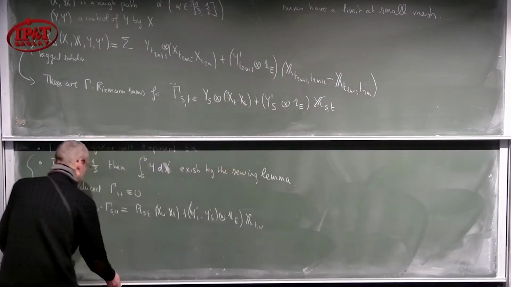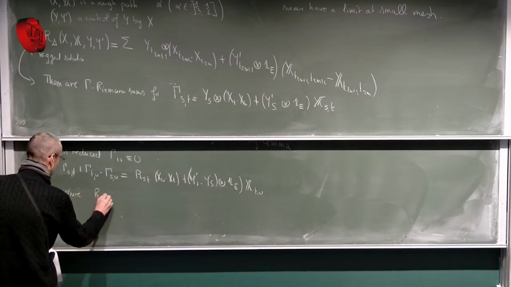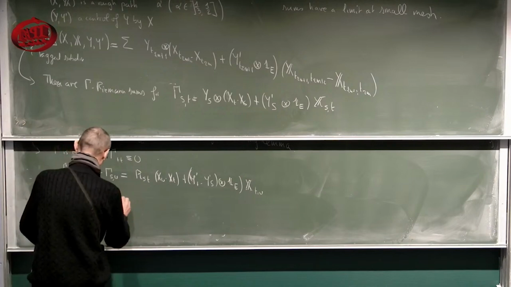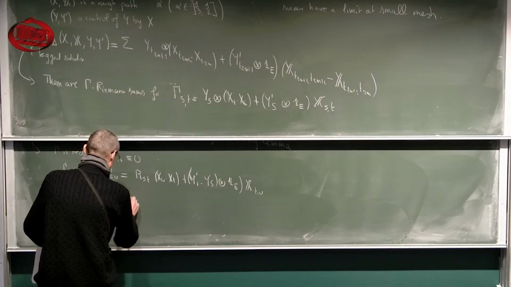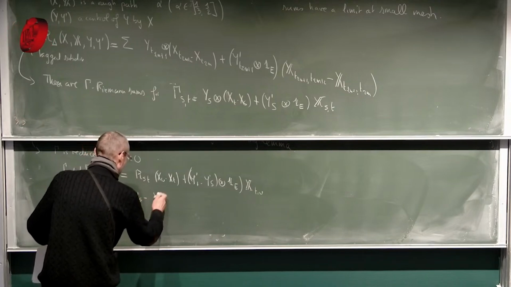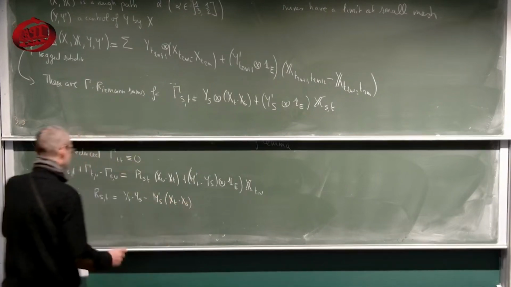Where R_st is simply equal to Y_t minus Y_s minus Y'_s (X_t minus X_s).